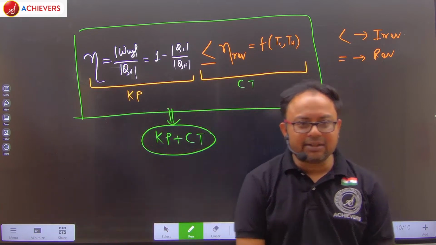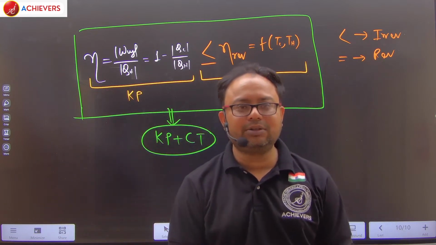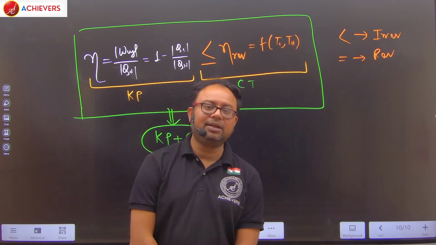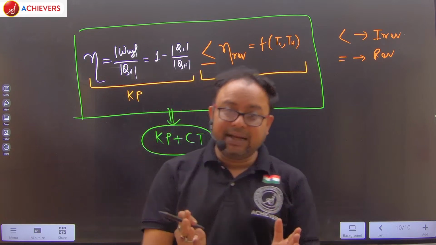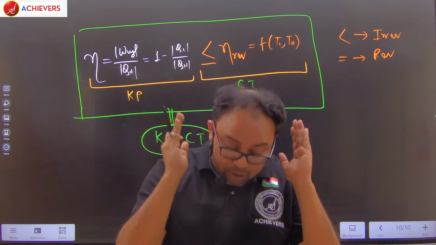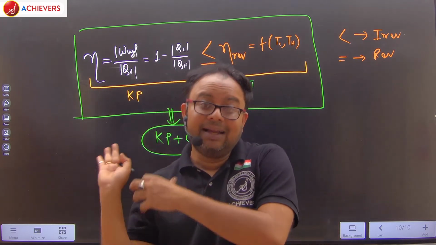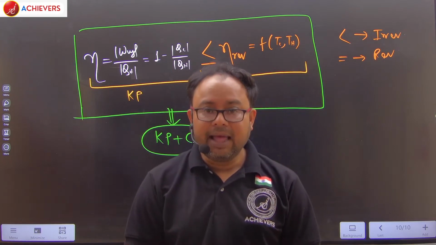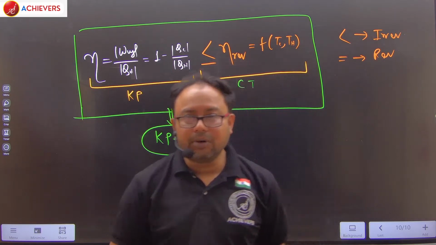This is the combination of Kelvin-Planck and Carnot's theorem. So that's all, students, for today's lecture, and we have depicted the meaning of Carnot's theorem and the theorems deduced here. This is a very important topic, and in the next class we'll move on to the Carnot cycle.